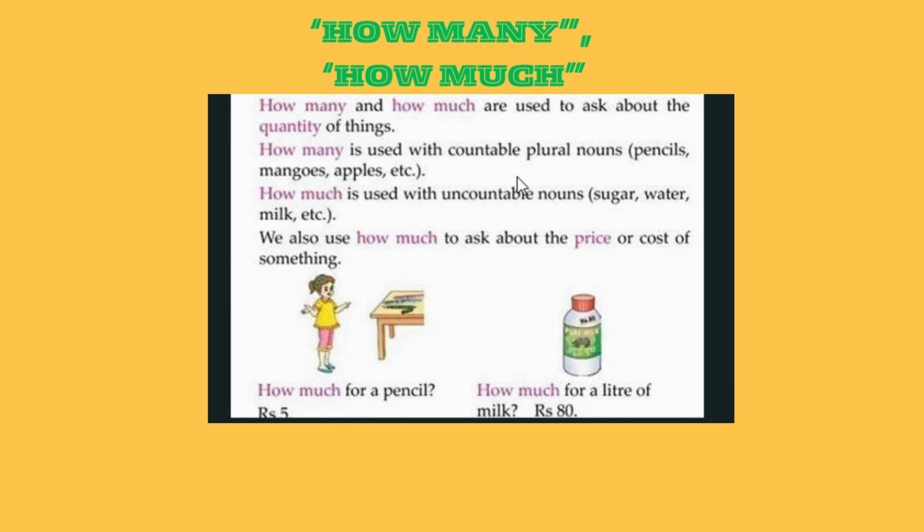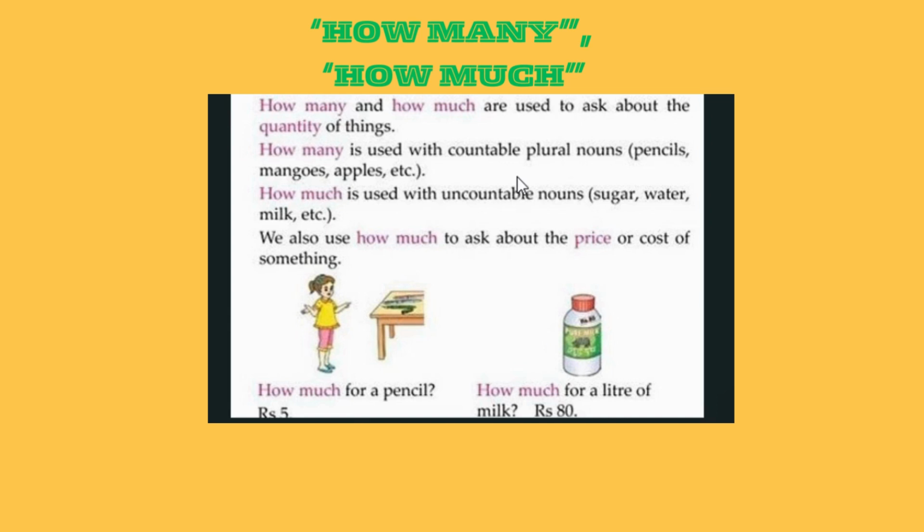I hope you understand this, how many and how much. We can use how many when the things are countable and in plural form, plural nouns, like pencil, pencils, mangoes, apples. That is where we use how many.